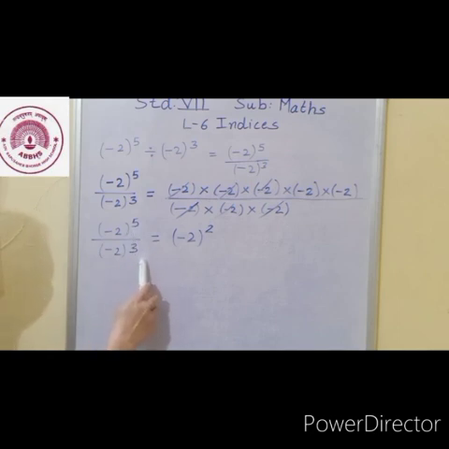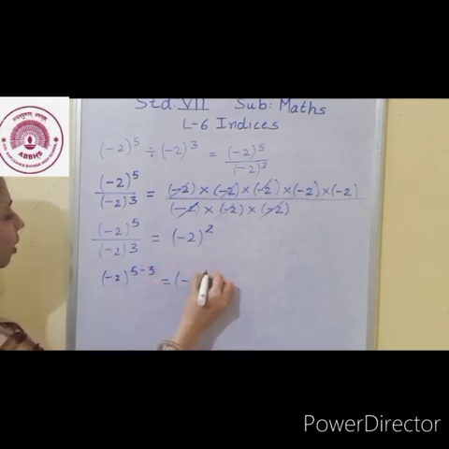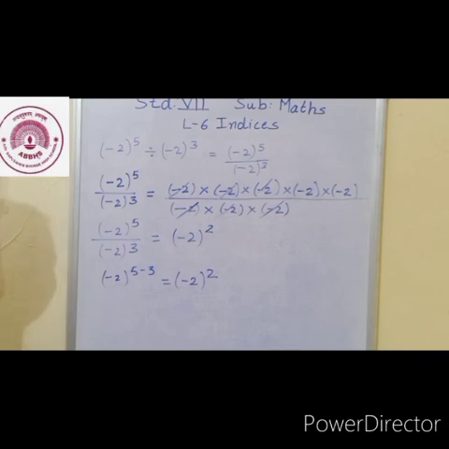We can observe that we have simply subtracted the powers. That is, minus 2 raised to the power 5 minus 3 equals minus 2 raised to the power 2. So, we can conclude that if two indices having same base are in division, then we can simply subtract the powers.